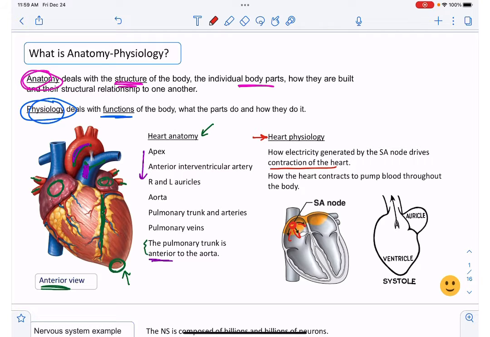Another example of physiology is how the heart contracts to generate pressure to actually cause blood to flow through the blood vessels, to generate blood pressure and to generate blood flow. So both of those represent physiology. Anatomy deals with the structures of the body parts, and physiology deals with the functions of those parts, what they do and how they do it.